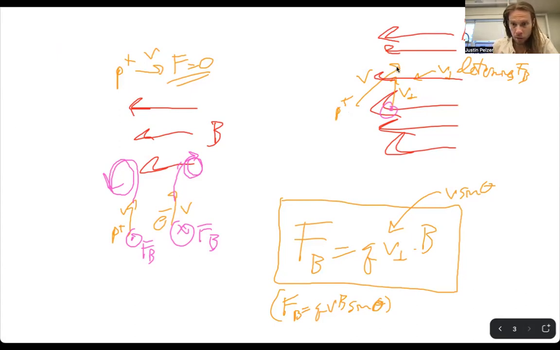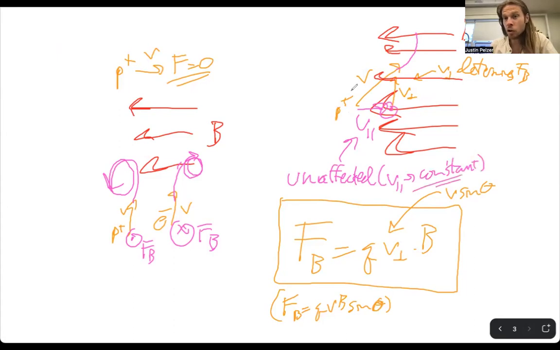It's going to curl this way, but it's going to keep moving this way. This parallel component is unaffected. So V parallel is constant the entire time. It has momentum, it has inertia in that direction.